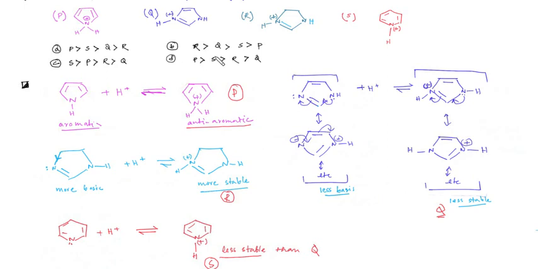Then we have S, the compound where the positive charge is localized on the nitrogen atom, and two cases where the positive charge is delocalized between nitrogen atoms, Q and R. If we compare these two, the less stable is Q, that means Q is more acidic than R. So the correct answer is A.